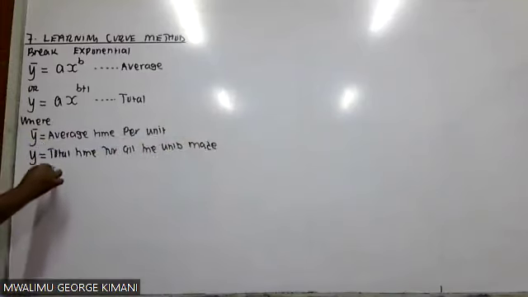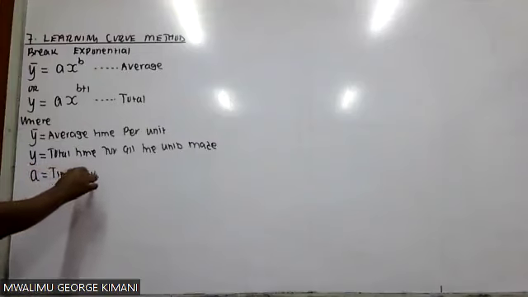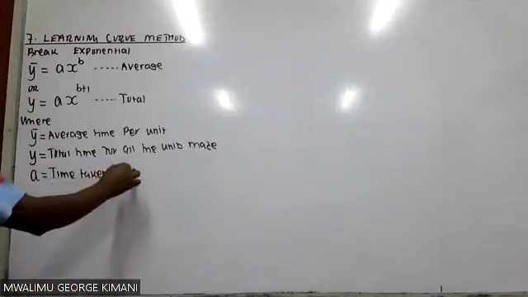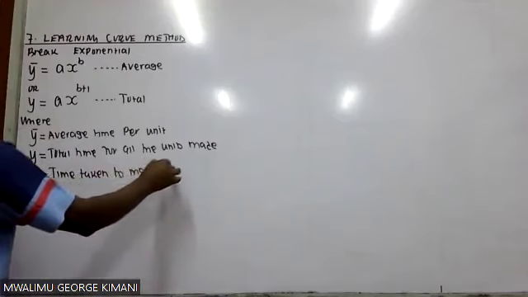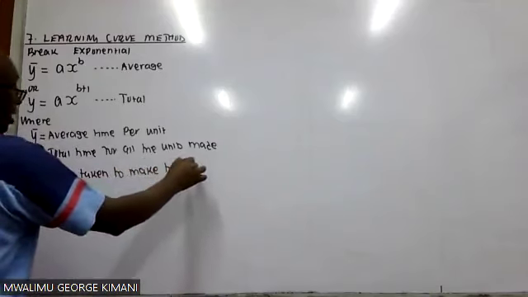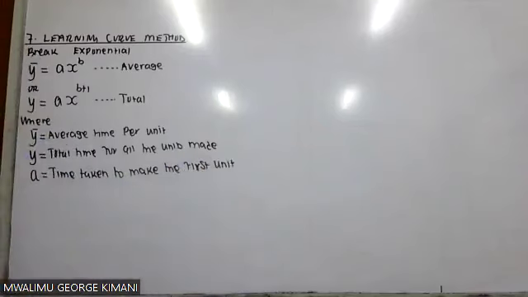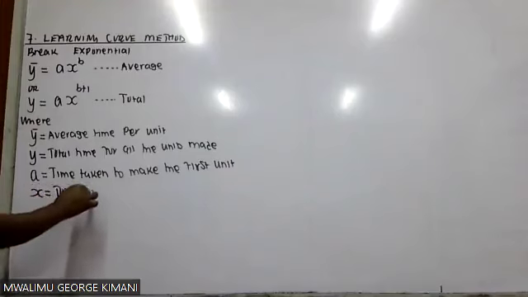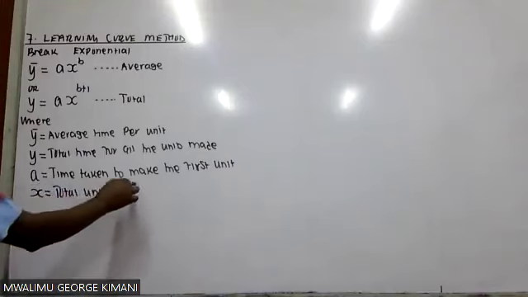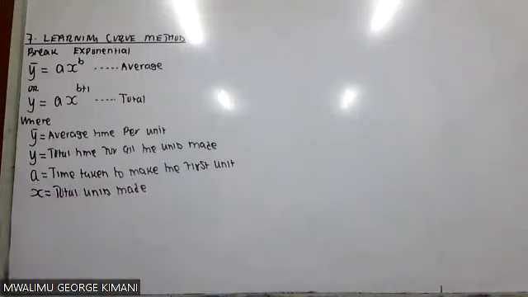A is the time taken to make the first unit. X is the total units made, or the cumulative units. B, we normally call the running index.